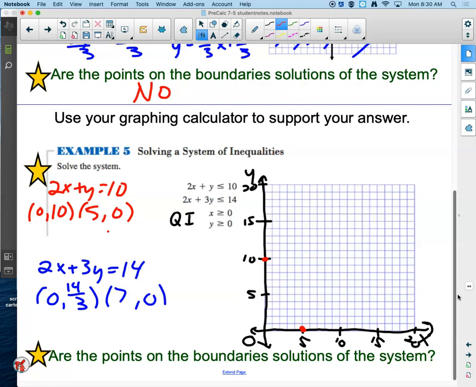Then I stop and think, are we talking dashed or solid? And when I look at the system, I realize, well, all of this is solid. You know, there's equal bars for all of this. So that would be solid. And yeah, I know that's not perfectly straight. And then, by thinking about what's going on here, I can quickly put in that test of 0, 0 and have 0 plus 0 is less than or equal to 10.